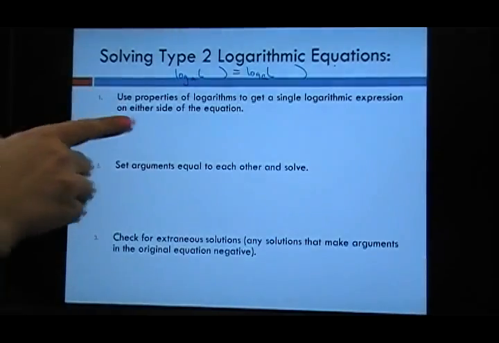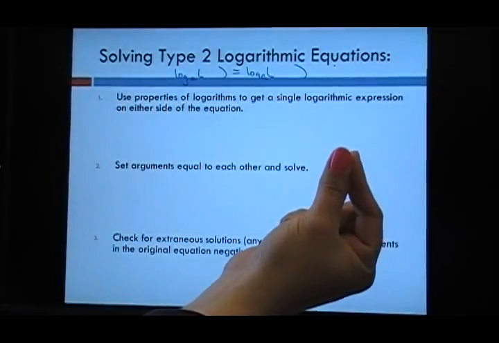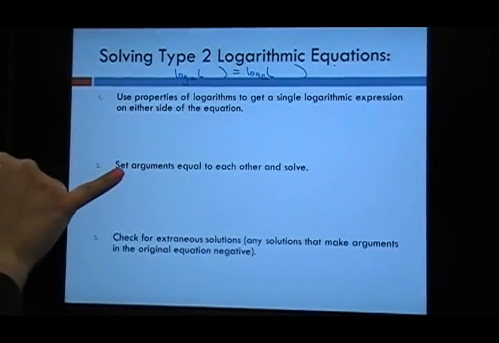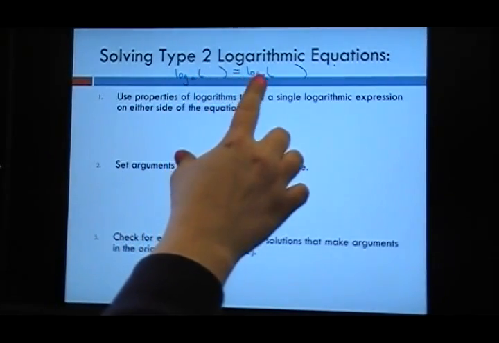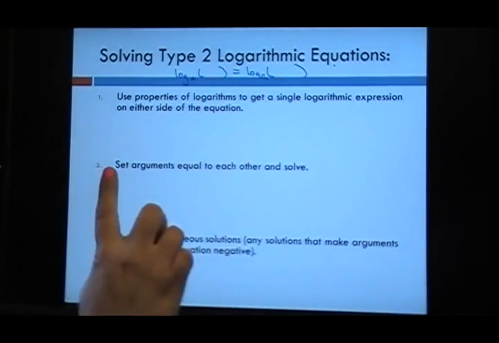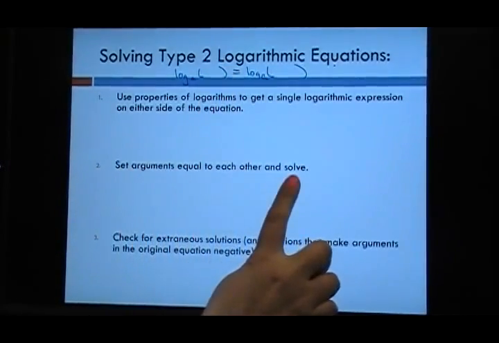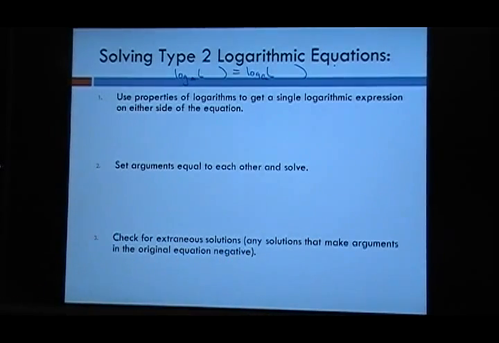So sometimes you're going to, again, have to use properties of logs to get single logarithms on either side. Once you have it that way, this log can equal this log only if those arguments are the same. So you then set the arguments equal to each other and solve. And again, you always want to check for extraneous solutions.